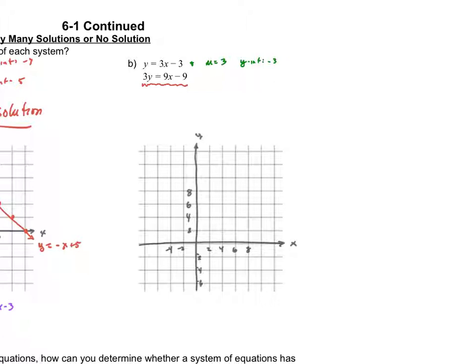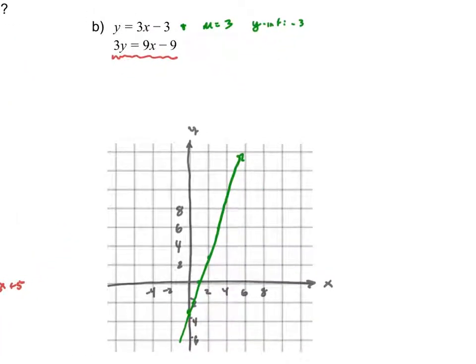So starting at negative 3 with a slope of 3, I'm going to go up 3 over 1, up 3 over 1, and continue with that. That is y equals 3x minus 3.